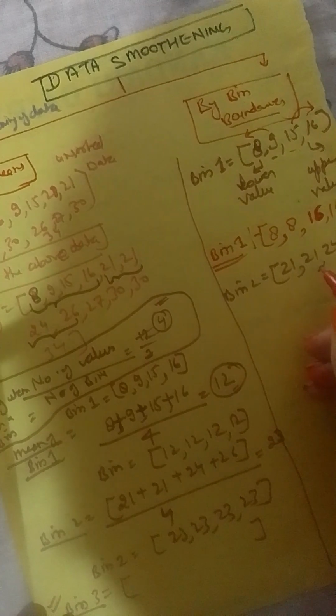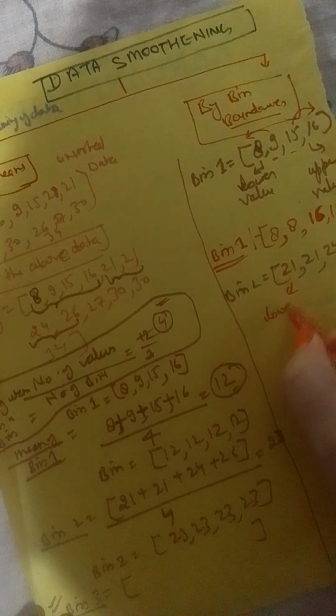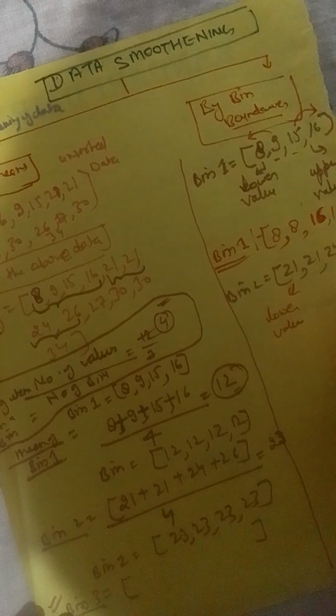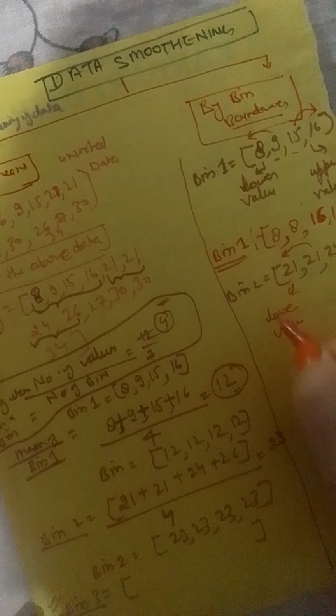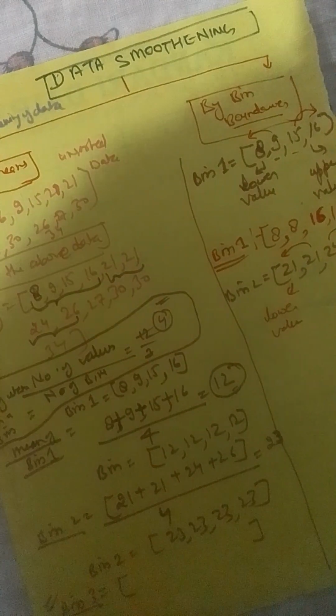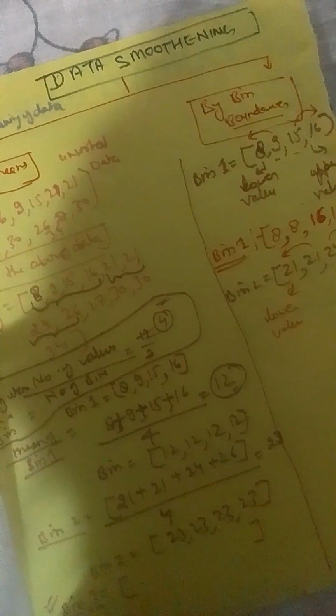So 21, 21 and 24, 26. What is the lower value in the boundary? Lower value is 21 and upper value is 26. So 21 would change according to 21, and 24 will change according to 26. So what would bin 2 contain?